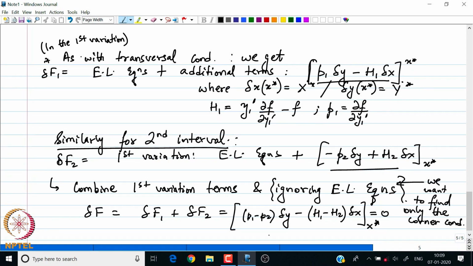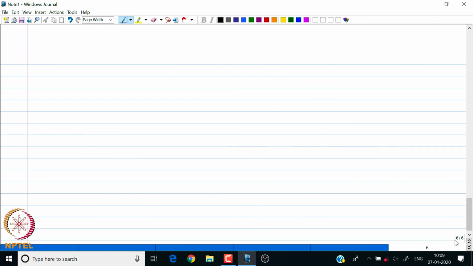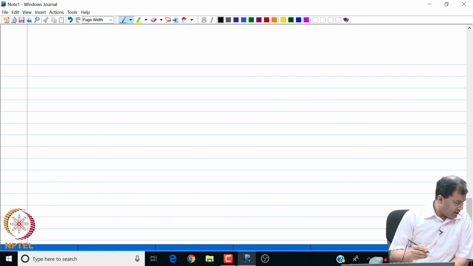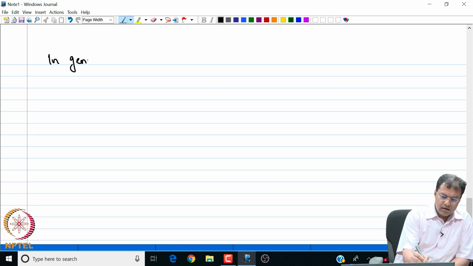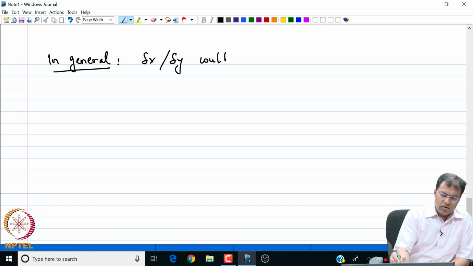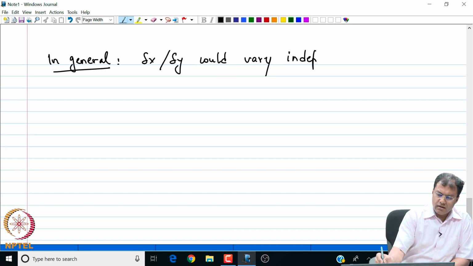We could have one quantity varying independent of the other quantity to get two sets of corner conditions. So in general delta x and delta y could vary independently of each other, right.